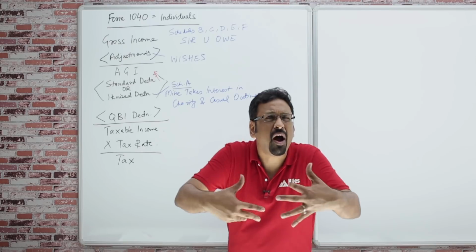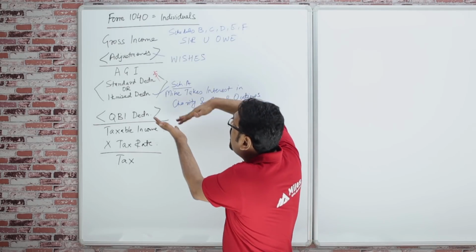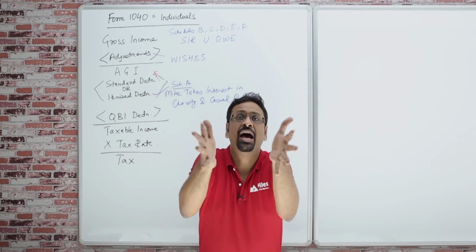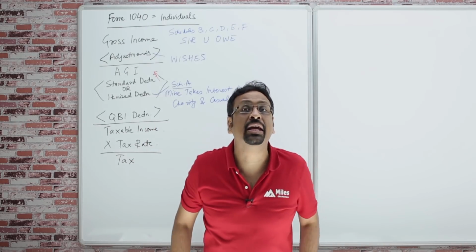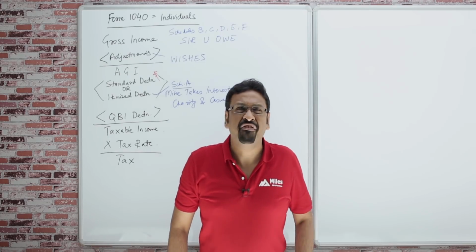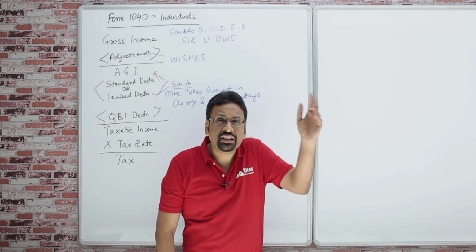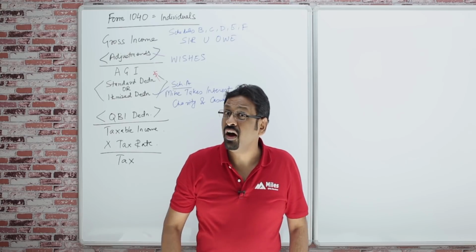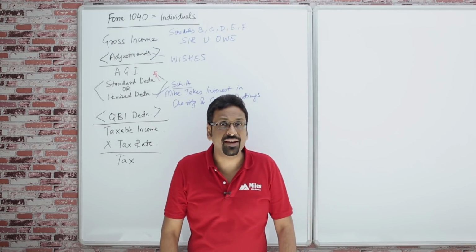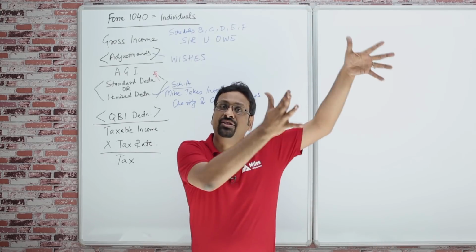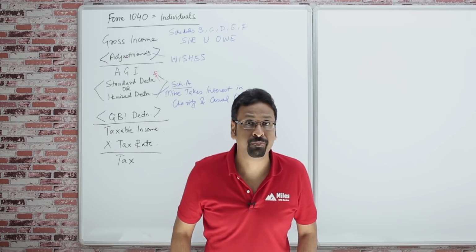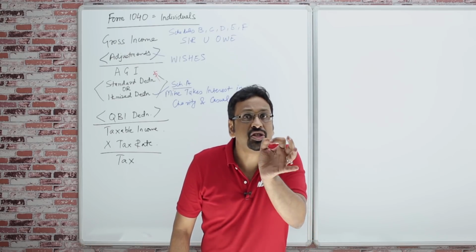They very smartly take a lot of deductions such that the taxable income gets reduced and the taxes are way less compared to the money that they're making. Now, if these wealthy taxpayers think they're smart, Uncle Sam's smarter. He has a parallel tax system which we call the alternative minimum tax system.